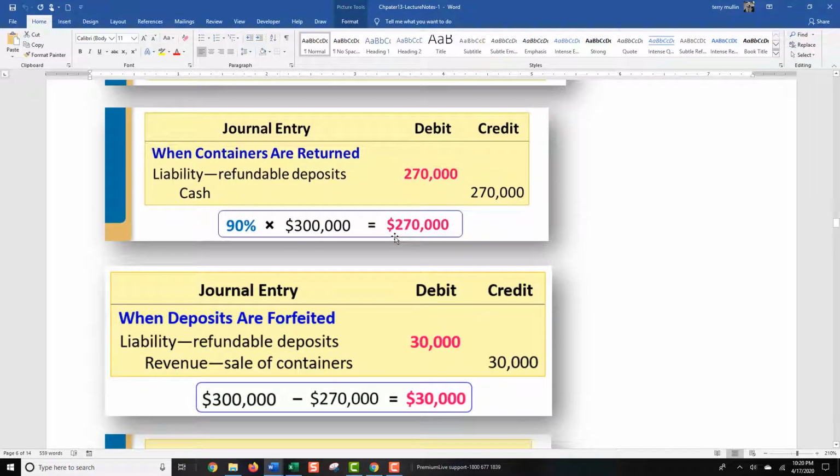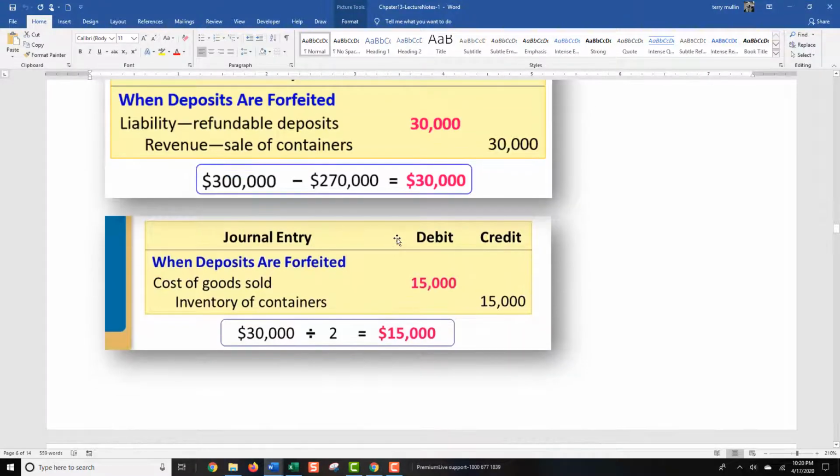They're saying that they still own those containers until it's declared that they're forfeited. So at that point in time that they declare that those containers are never going to come back, they record the revenue of $30,000, they take the liability off the books.